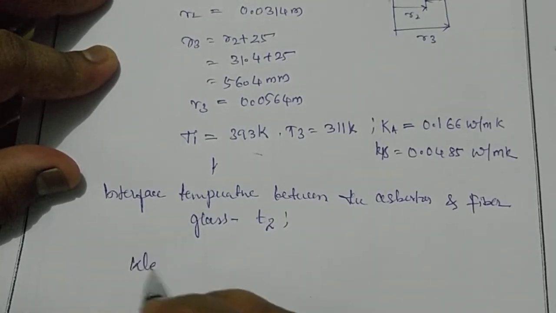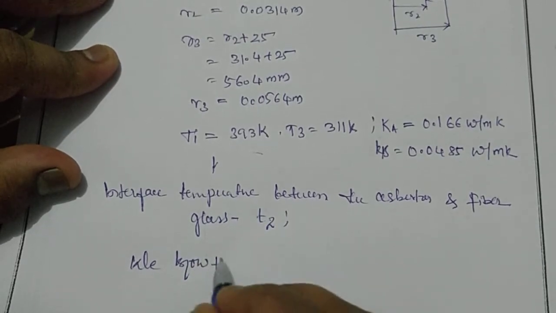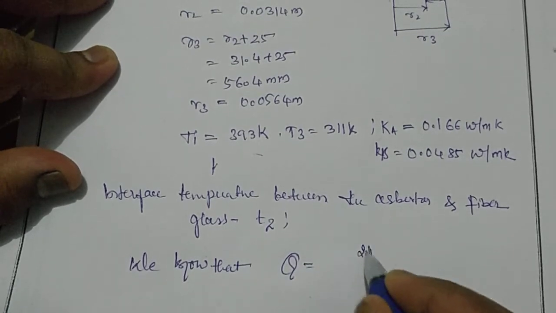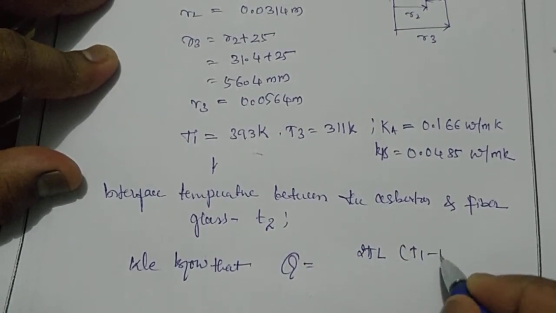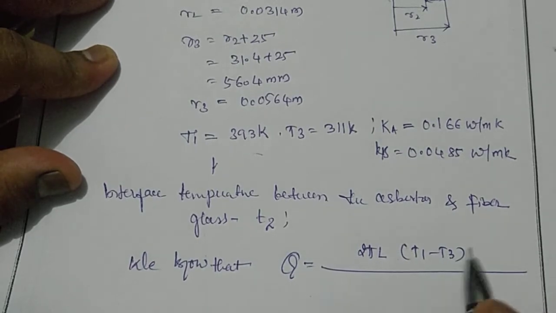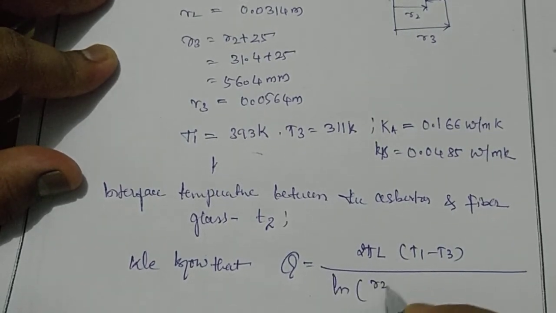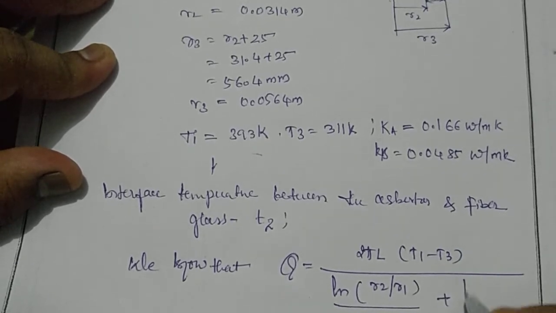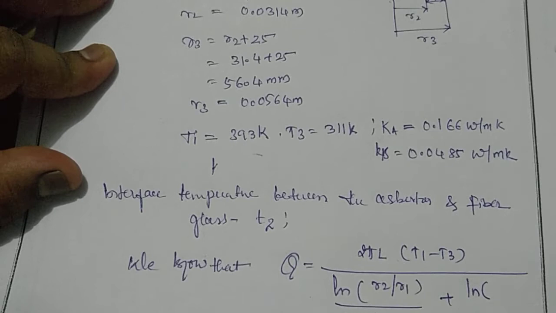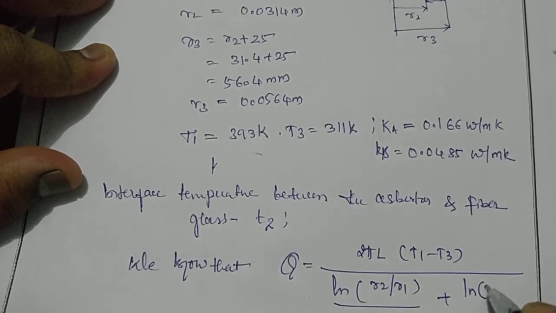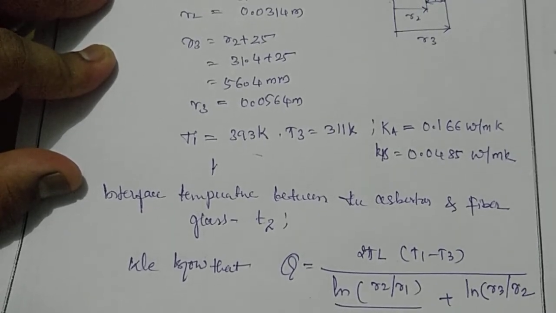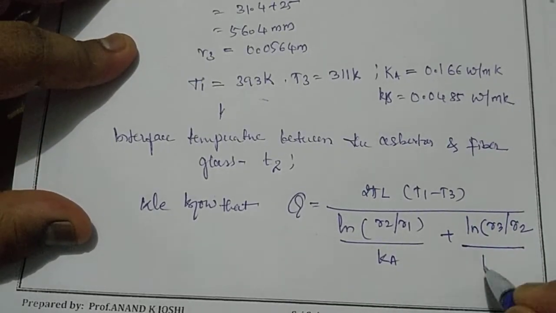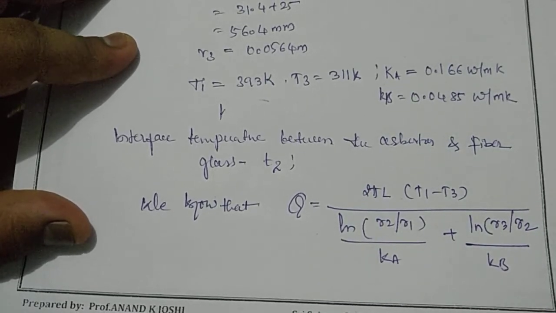So we know that Q is equal to 2 pi L times T1 minus T3, divided by ln of R2 by R1 divided by Ka, plus ln of R3 by R2 divided by Kb. This is the formula, and you substitute the corresponding values.